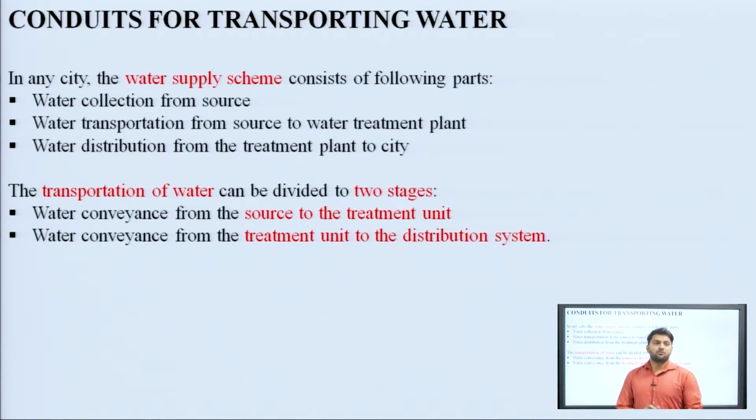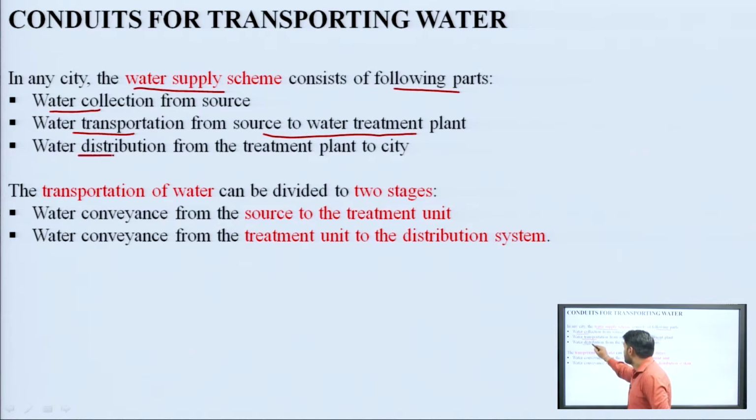Basically, conduits are nothing but pipes. In a city, a water supply scheme consists of the following parts: water collection from the source, water transportation from the source to the water treatment plant, and water distribution from the treatment plant to the city.